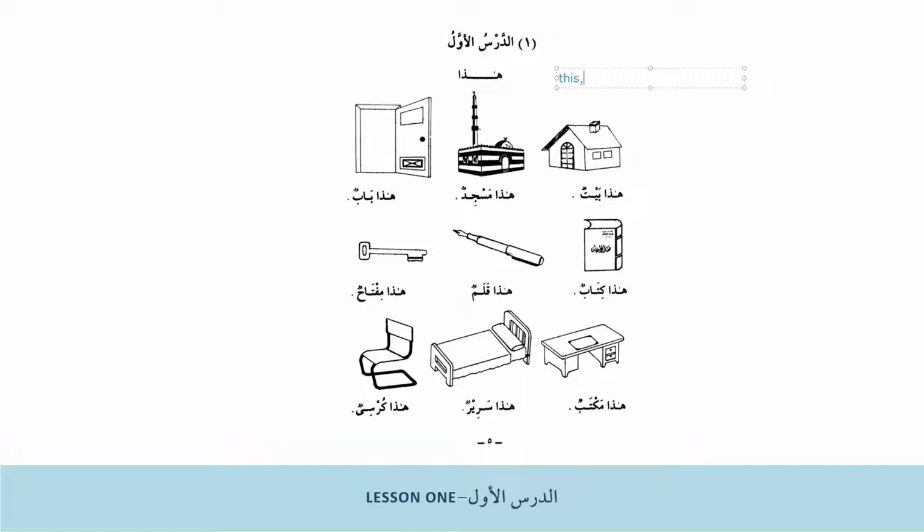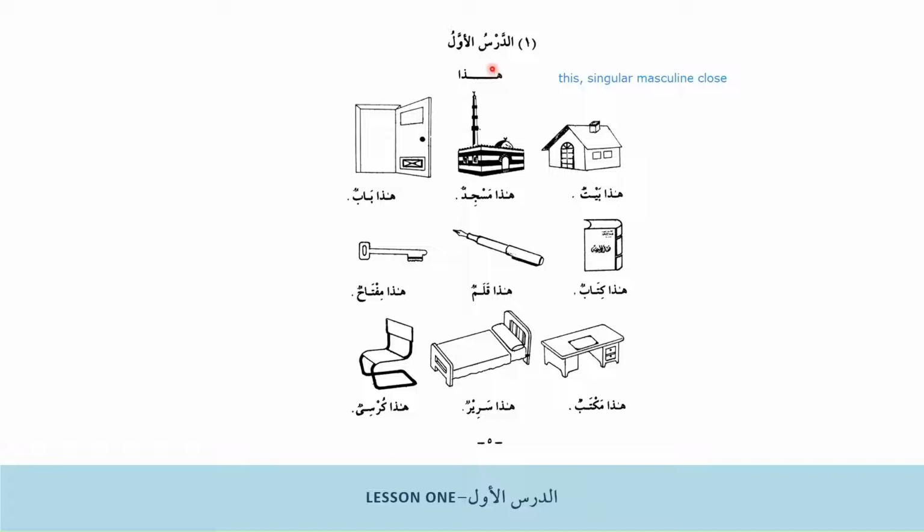Let's add a bit more detail to it. It is used for singular, masculine, and close. هذا is a word in Arabic which is used to point at something close.